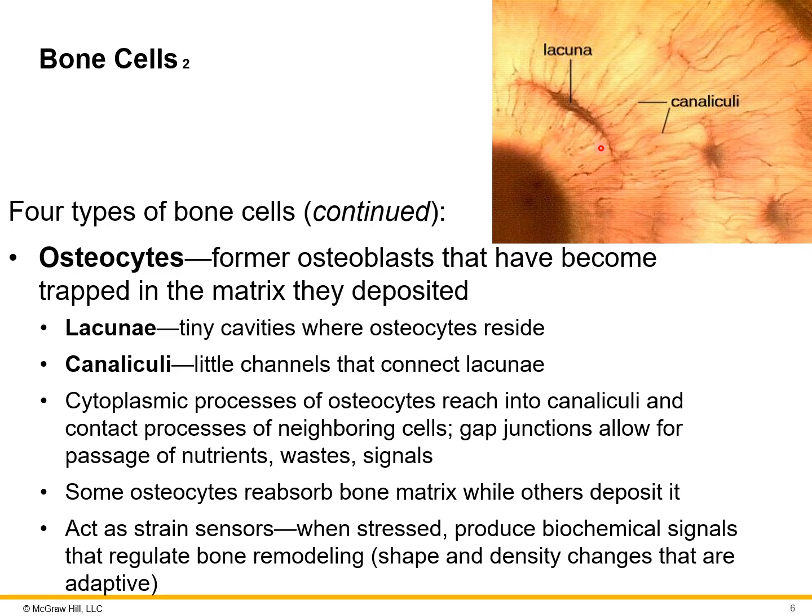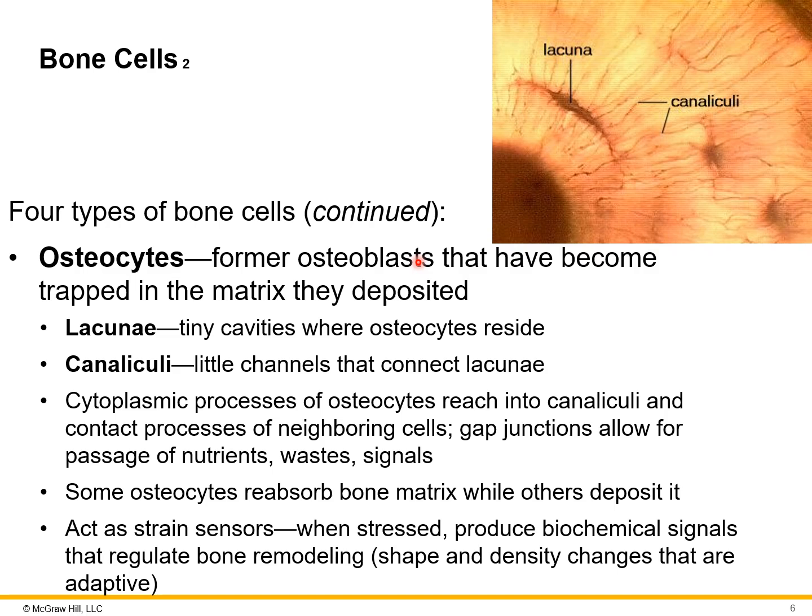And gap junctions will allow for the passage of nutrients and cell signals. So the cells within these lacuna can communicate with one another as they maintain that bone tissue. And the nutrients can travel from that blood vessel to each of those cells, and waste products can also diffuse out and get back into the blood vessel.